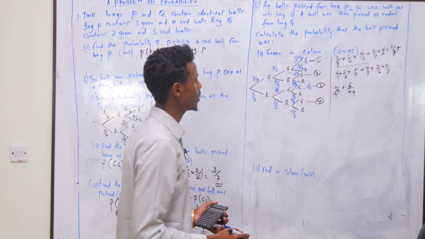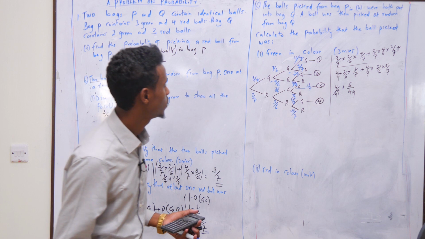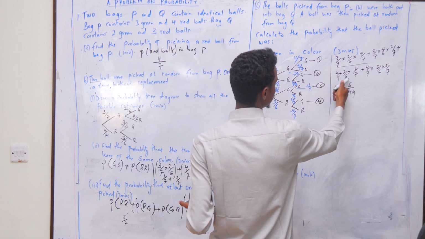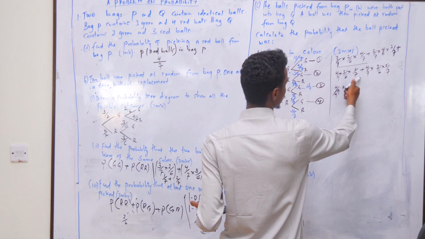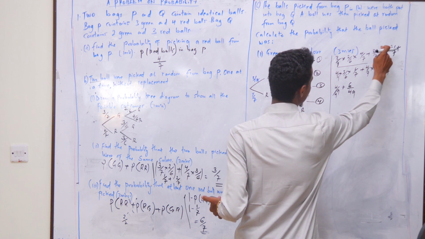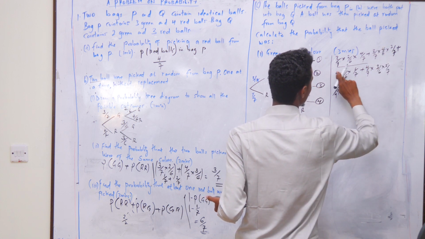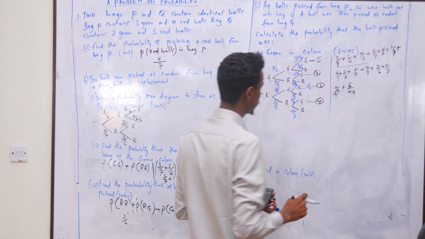Now class, we have some others which are resembling. For instance, 4/7 times 0/6 times 0/7. No, they are not resembling. Now let's continue.